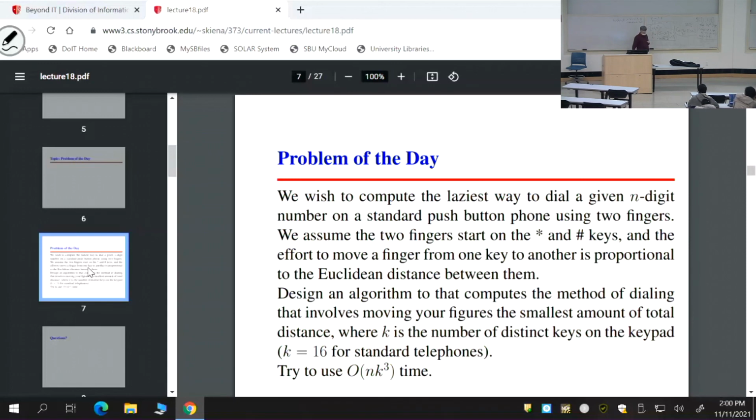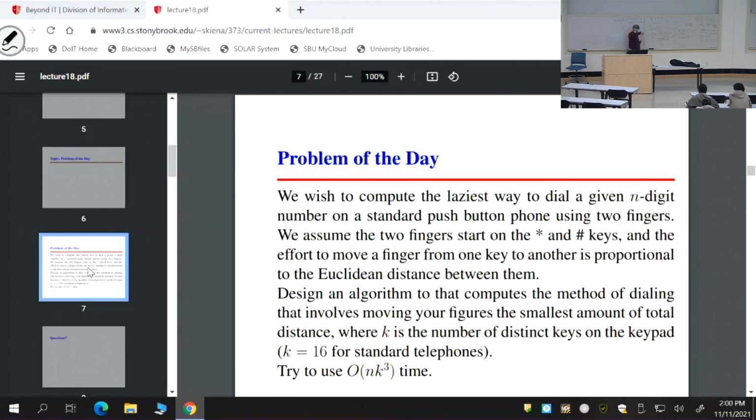Yeah? I'm seeing n times k times k. The number of boxes is equal to n times k squared. And what is the cost per box?